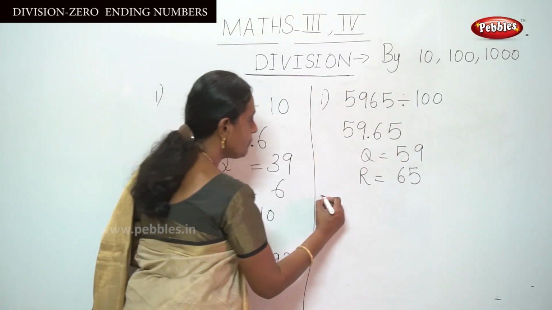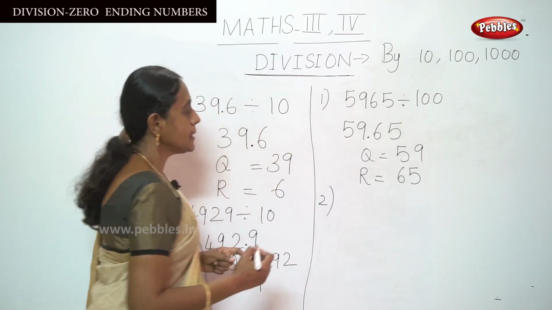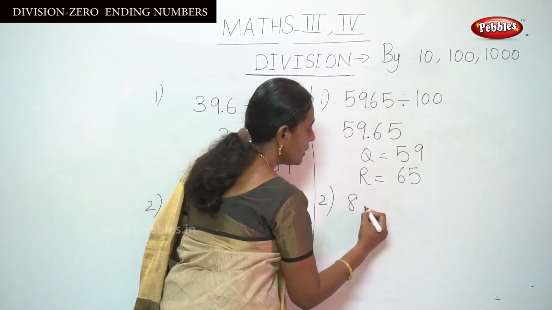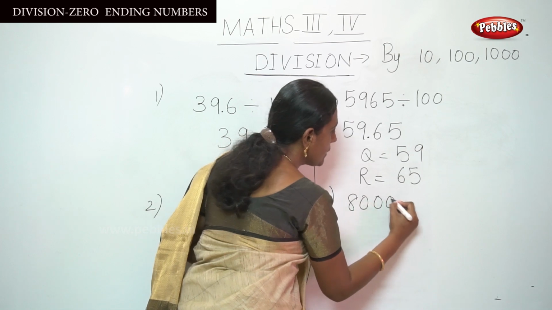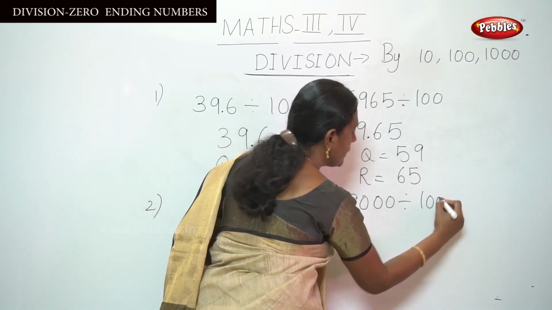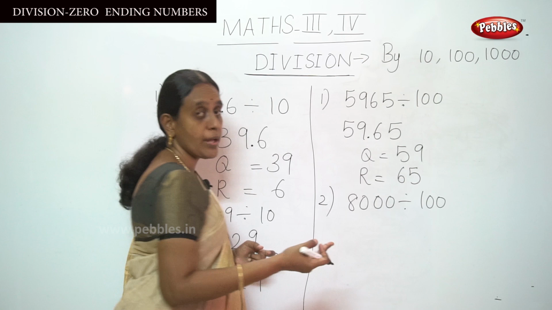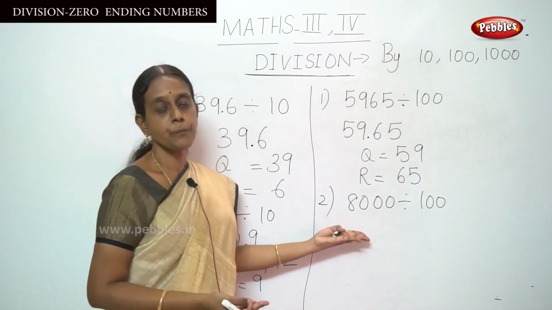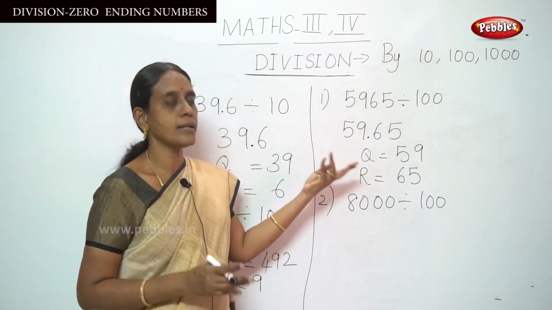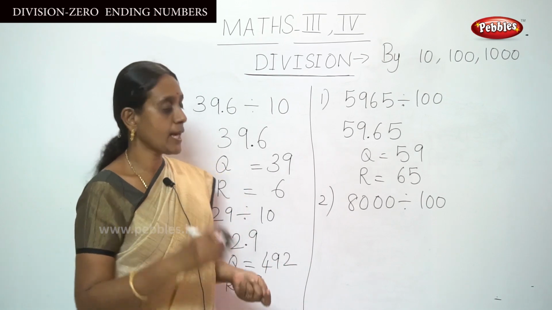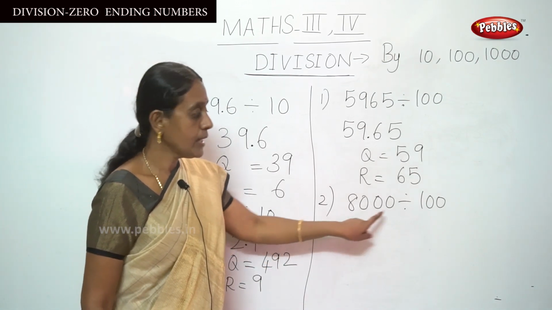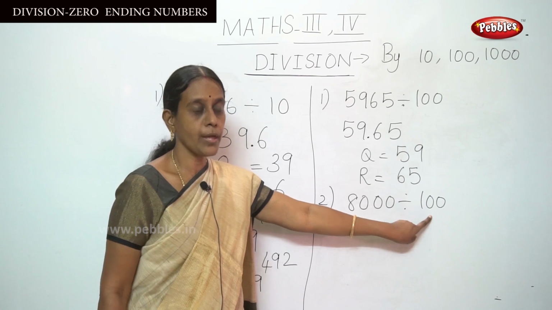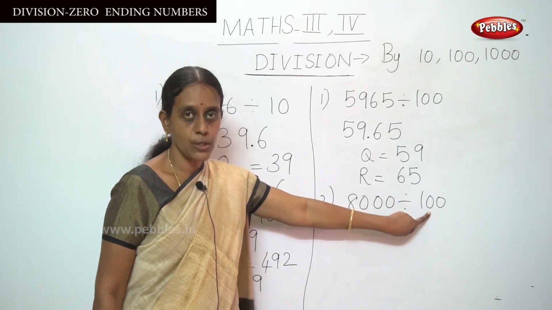And one more example for your children, that is 8,000 divided by 100. Even if it is a zero ending number in the dividend, you can find out the answer in the same way and same method. This is the dividend and this is the divisor. Calculate the number of zeros here.